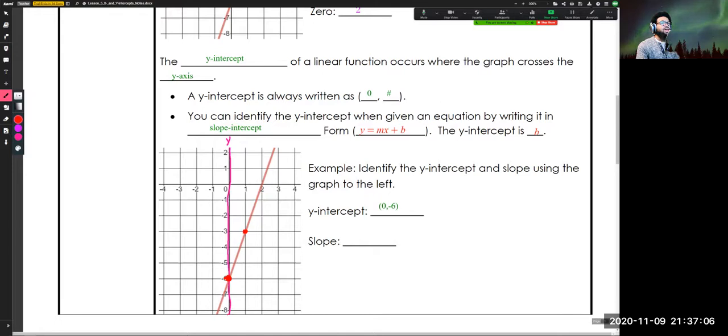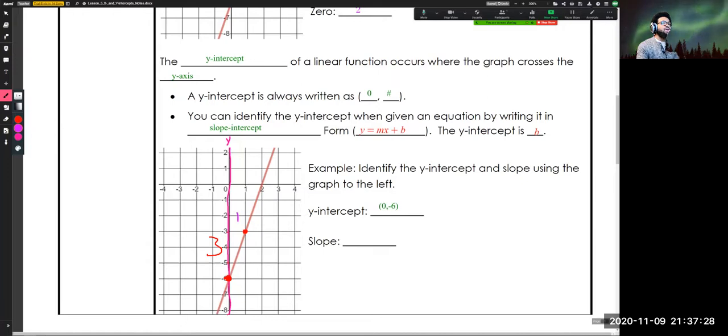And then we count our rise over our run. All right. So I go up once, 1, 2, 3. So I have a 3 for my rise. And then I go over once and I have a 1 for my run.